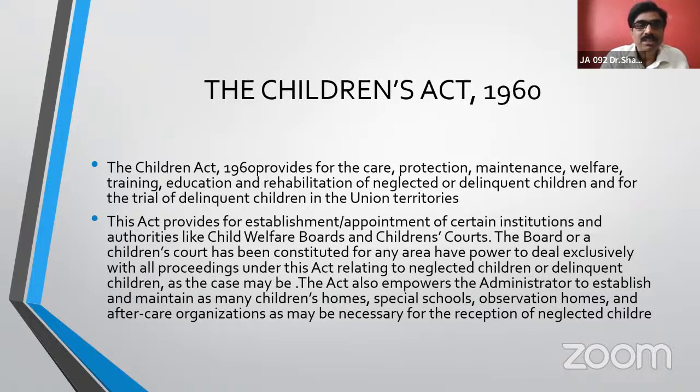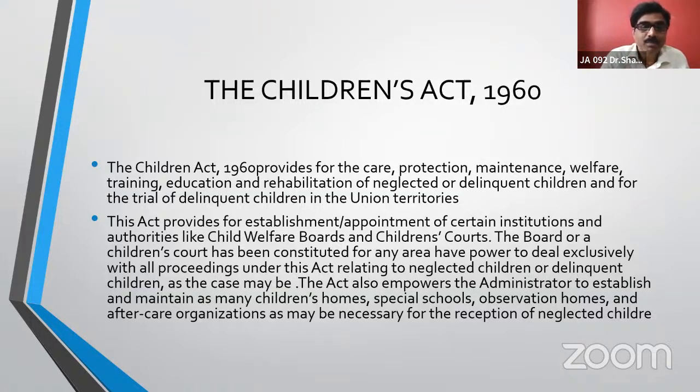It provides for the trial of delinquent children in the union territories as well. So this act covers the protection of such children who are below the age of 18 years and involved in crime activities. Such children will be rehabilitated, provided welfare activities, and given training as well.